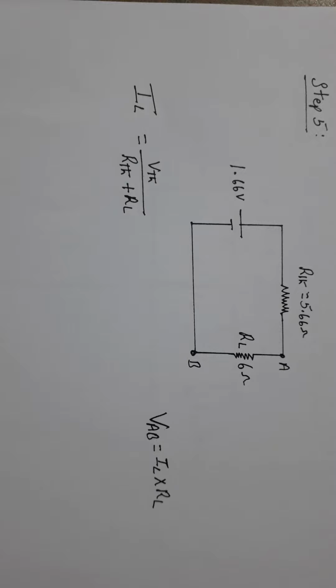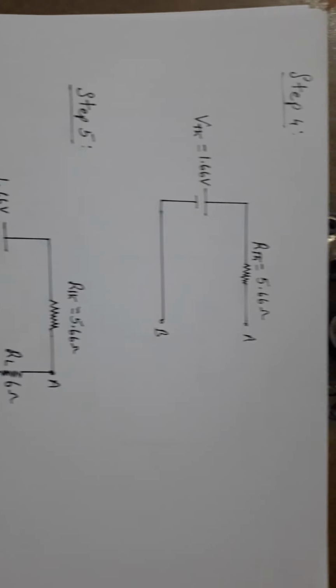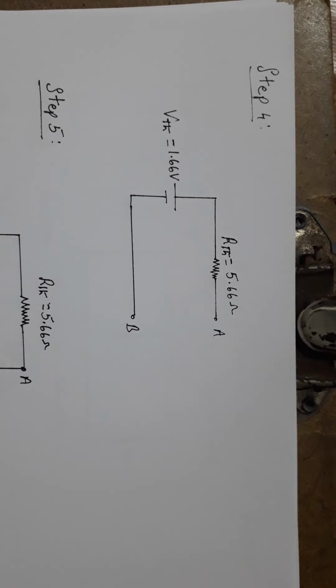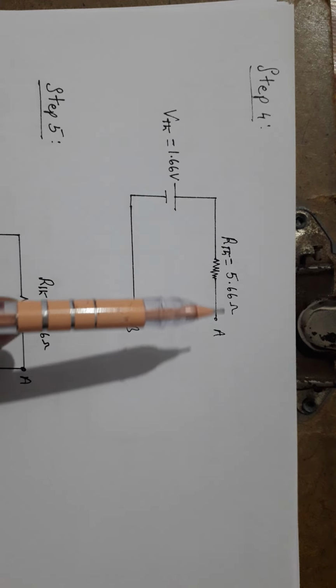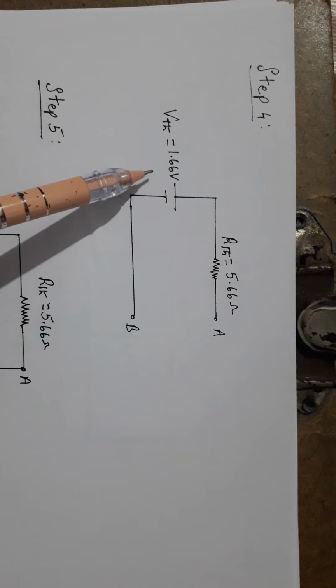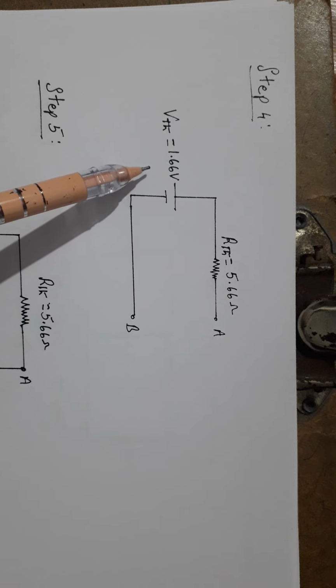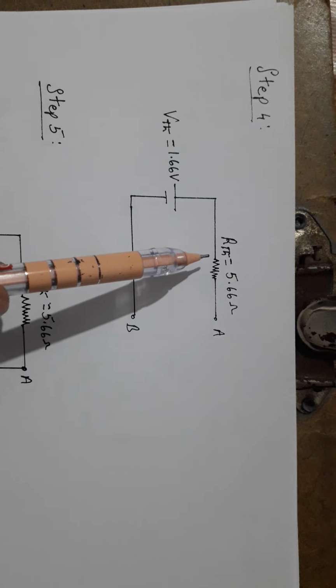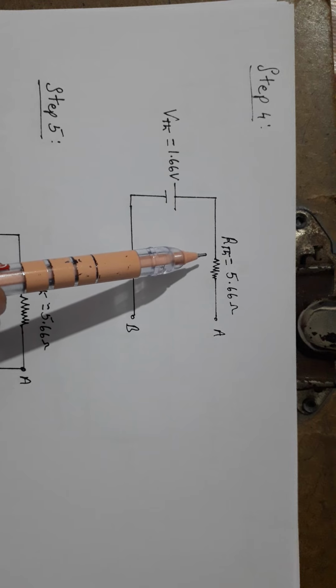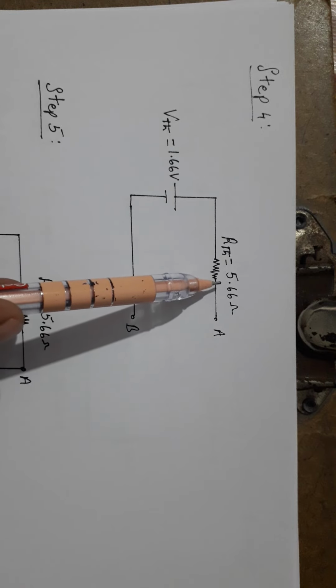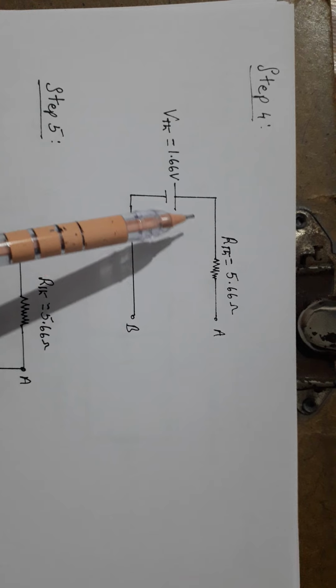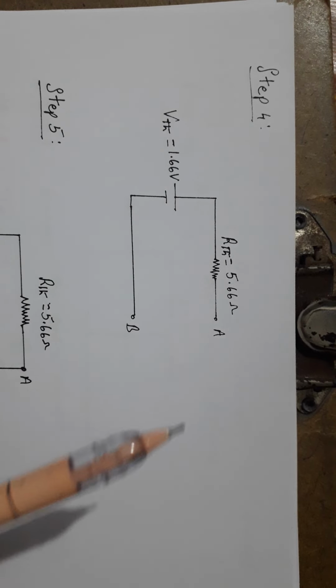Next, step 4. Replace the entire network by a simple Thevenin source of voltage VTH. You know the VTH value is 1.66 volts and Thevenin's resistance RTH equals 5.66 ohm. This is connected in series with it.